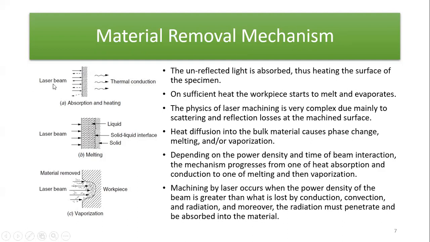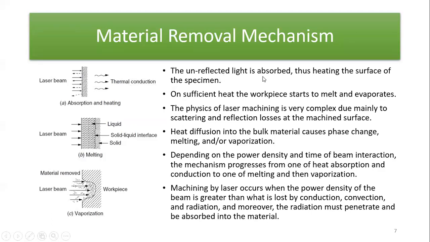So the laser beam came out, and this is your workpiece material. The laser beam will hit the surface of the material. Some of it will be conducted through the material, and some of it will be reflected from the surface. The unreflected light is absorbed.